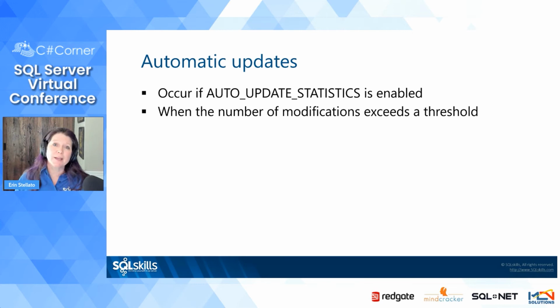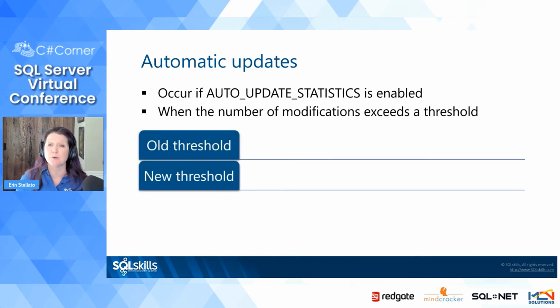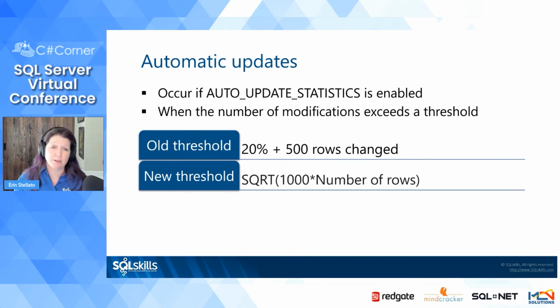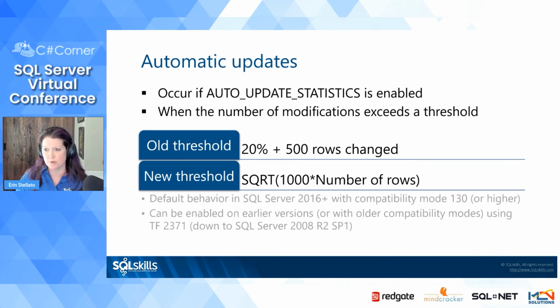So these automatic updates are going to occur if I have auto update enabled when a certain number of modifications occur. And this is based on a threshold. And that threshold depends on what version and compat mode you're running. So the old threshold would be when 20% plus 500 rows had changed, 20% of the data plus 500 rows. The new threshold is the square root of 1,000 times the number of rows.